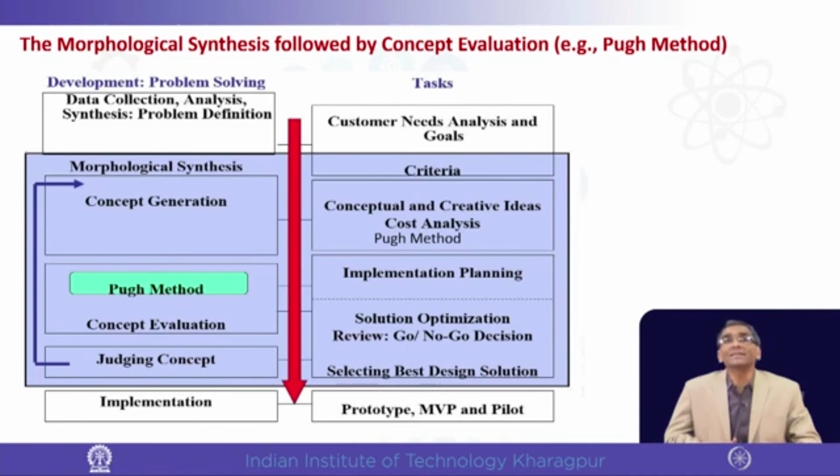We have discussed morphological synthesis or the matrix as we are discussing here for concept generation, but generation is one part, and then from the so many generated outputs, one is the judicious decision and the other is some systematic method again, which out of say a few judiciously selected, 3, 4, 5 or whatever, when we want to select further to come to a conclusion very analytically, logically and quantitatively, then for the very accurate method we need to have a systematic concept evaluation technique that we will discuss in our subsequent lectures.